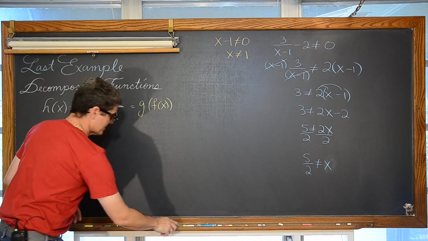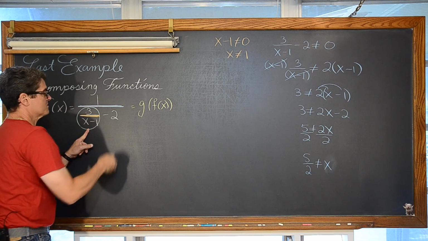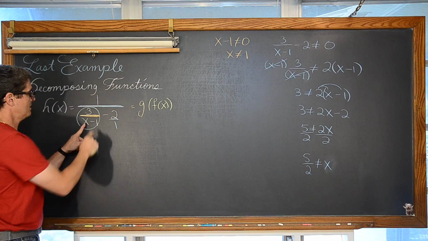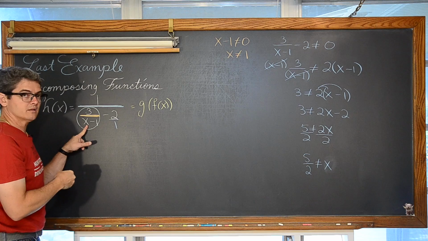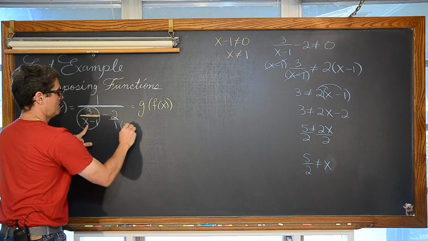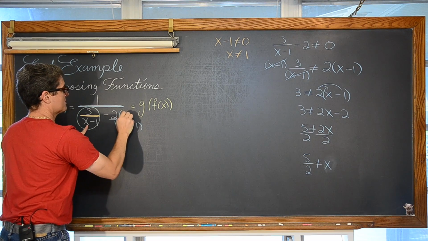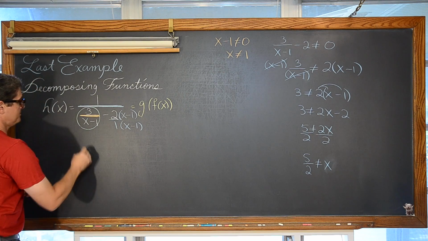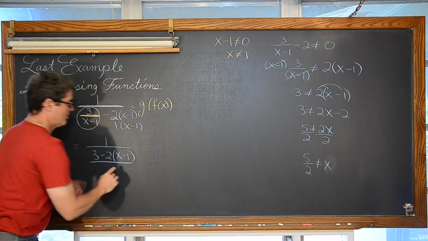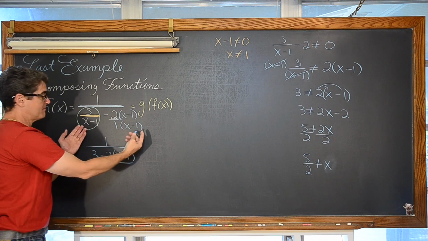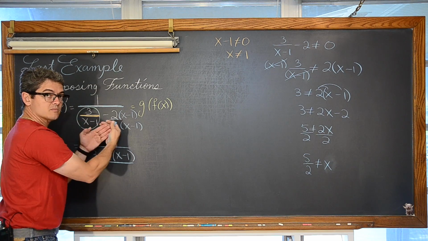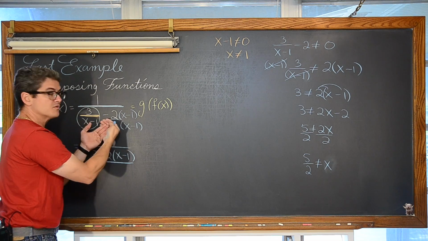If I go to simplify this, we need common denominators, including that 2 over 1. We have a denominator of x minus 1 and a denominator of 1. So let's do some work to make that common denominator show up. I'm finding common denominators so I can subtract these two fractions together.